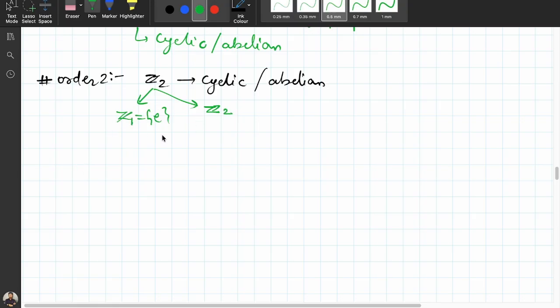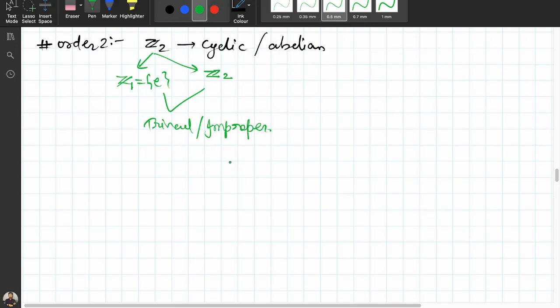So both are trivial, or we can say trivial and improper. Next, both are cyclic and abelian.